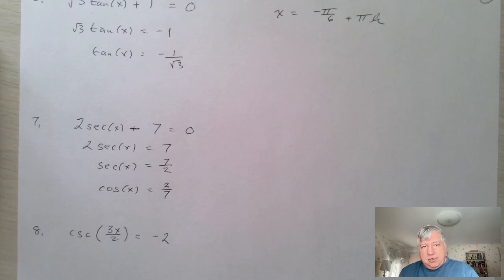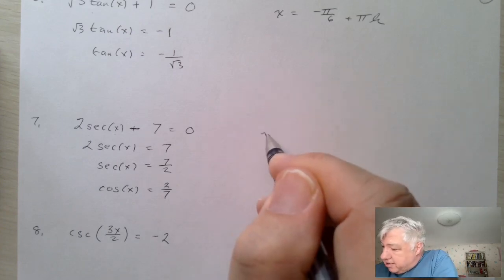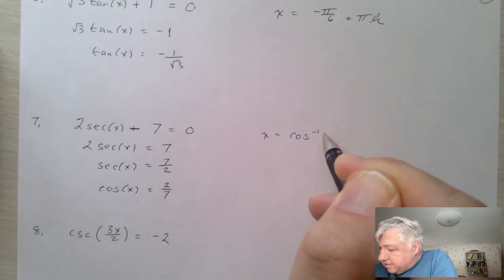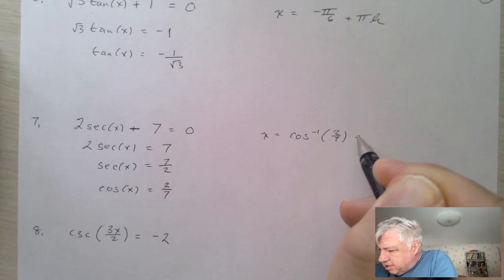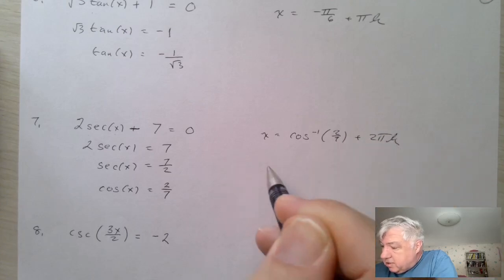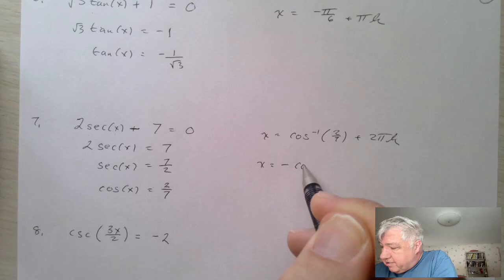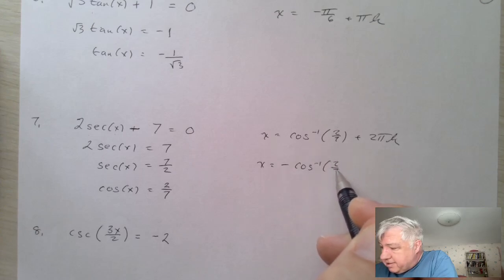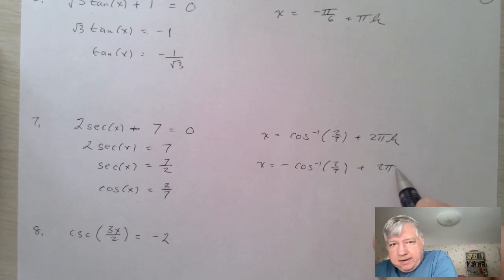Okay, 2/7 is not one of the well-known cosine values from our unit circle, so we need our calculator. And so x is going to be the inverse cosine of 2/7 plus 2 pi k, or it could be negative inverse cosine of 2/7 plus 2 pi k.